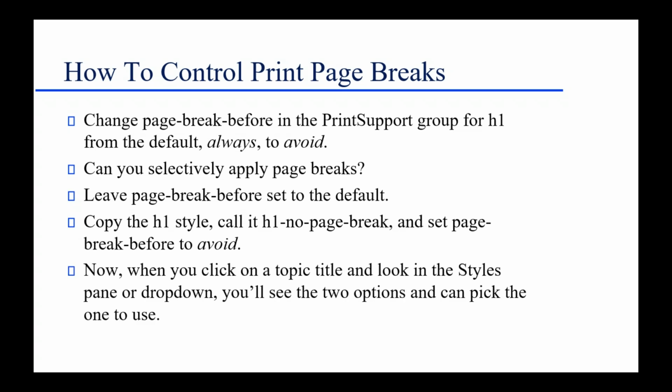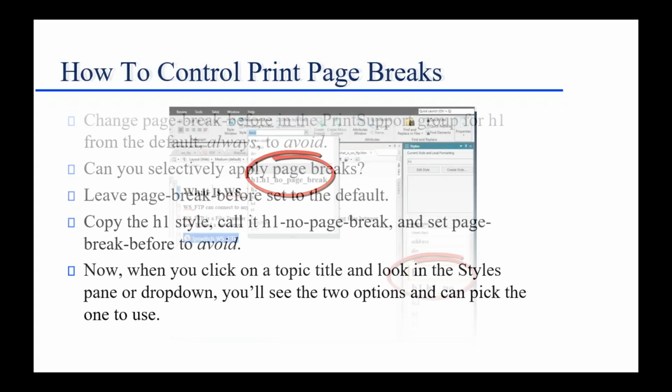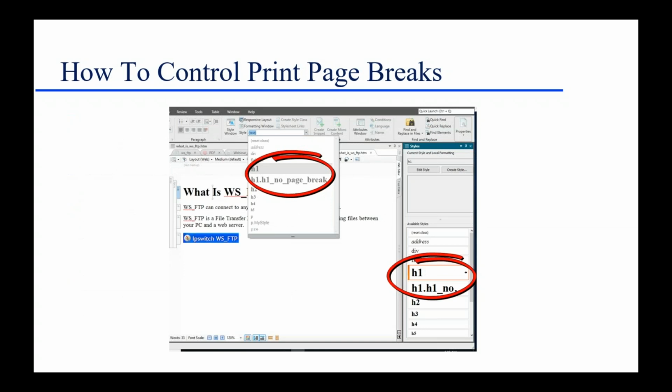So now when I click on a topic title and I look in the Styles pane or drop down, however you're working, I'll see 2 options: H1, and H1 no page break. Then I can pick the one that I want.